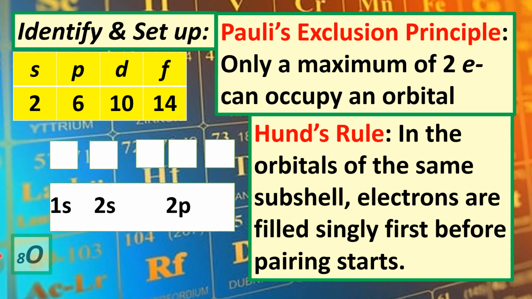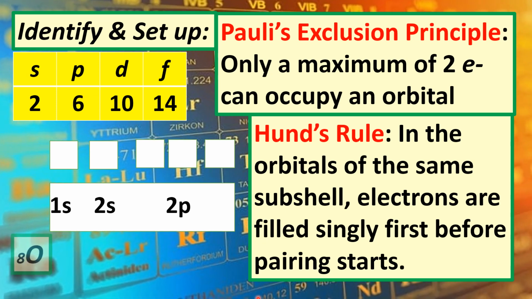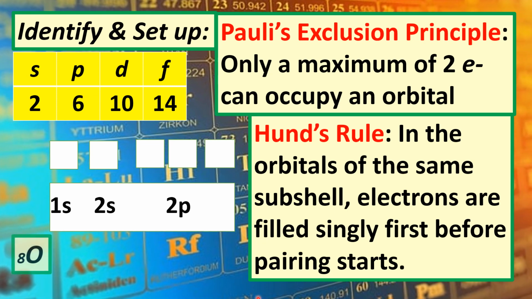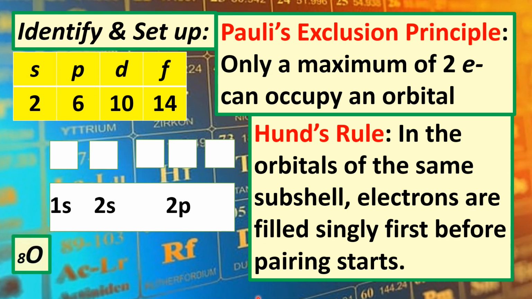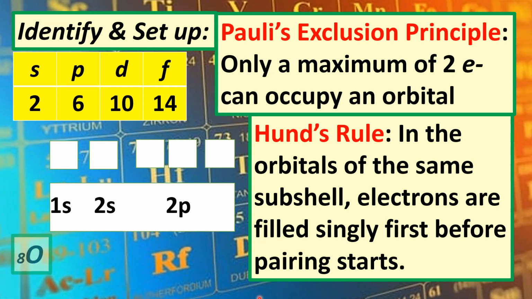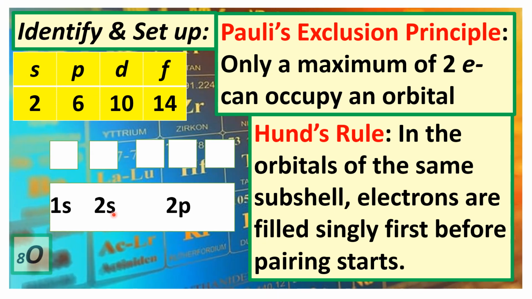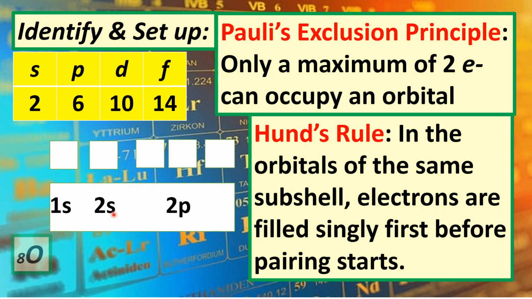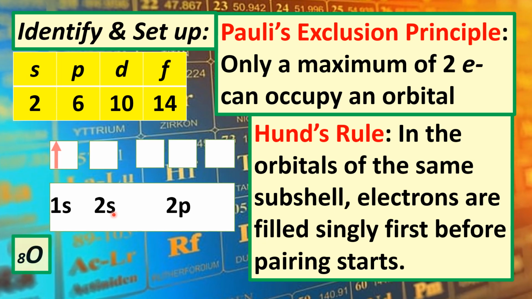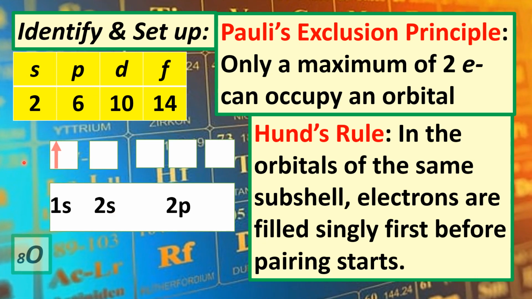We're going to start with, of course, the first electron occupying the orbital with the lowest energy, which is the 1s orbital. Assuming that each electron is represented by an arrow, either spin up or spin down, the first electron will fill up the 1s orbital.